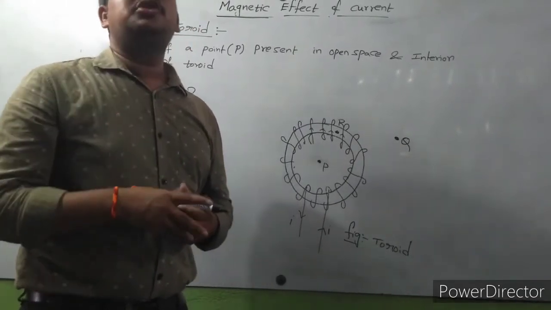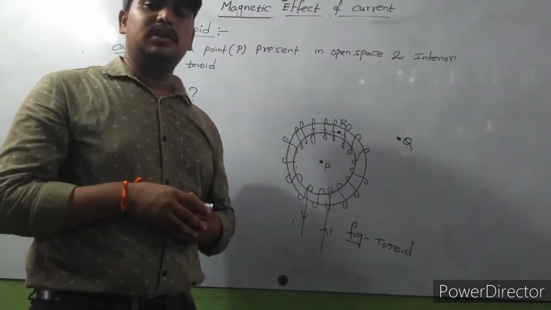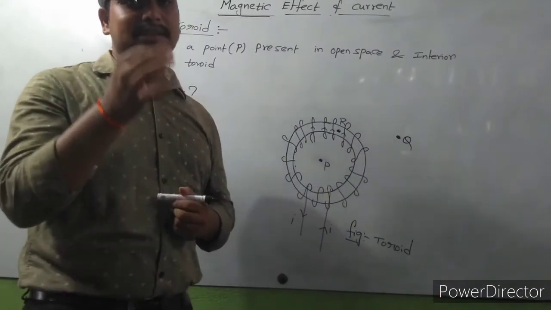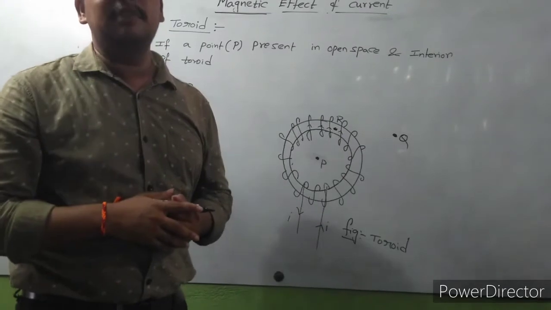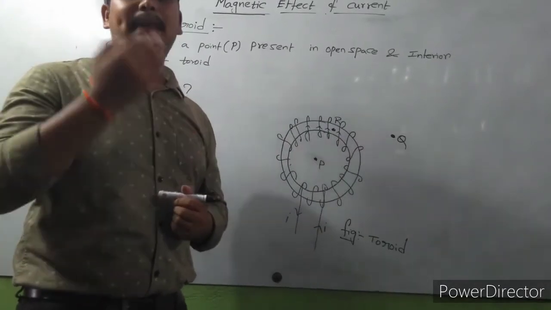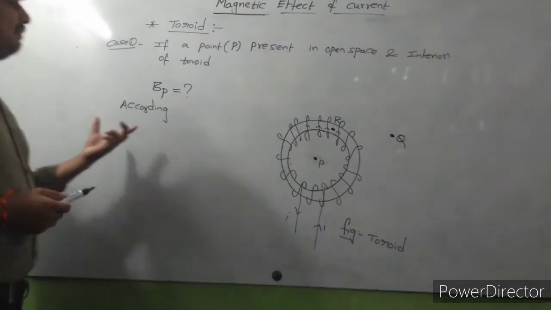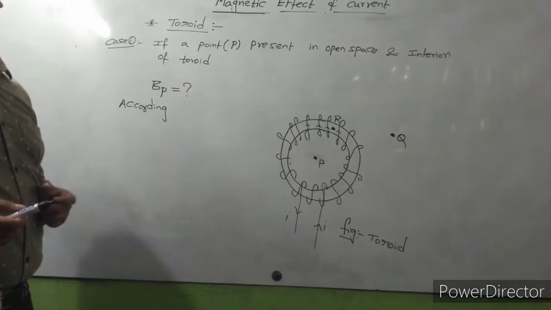These two laws are very important for finding the magnitude of the magnetic field. How to find the magnetic field here? I will use one rule for finding the magnetic field.